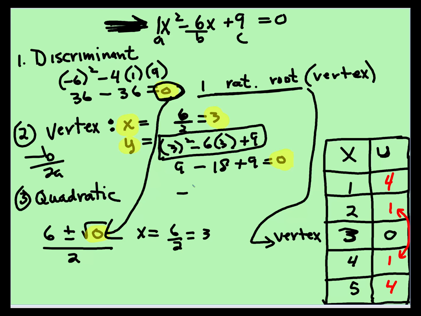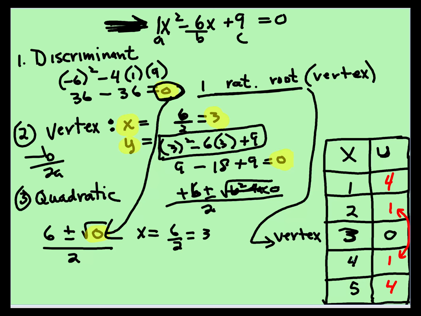Remember the quadratic formula, the opposite of b, plus or minus, and then the discriminant, b squared minus 4ac, but this time we know it was 0, over 2 times a, and a was 1. So the opposite of 6 is positive 6. 6 divided by 2 is 3, and we already figured that out.